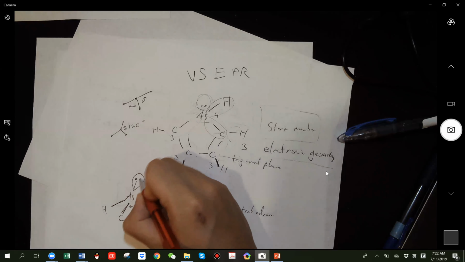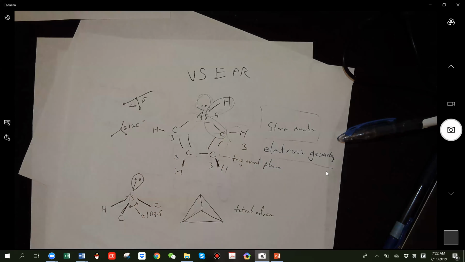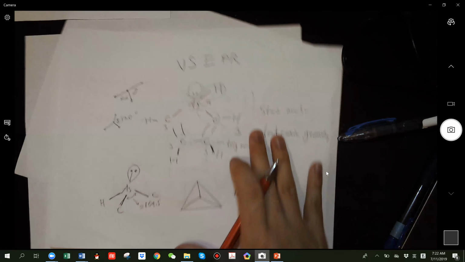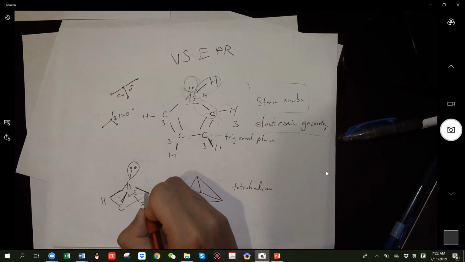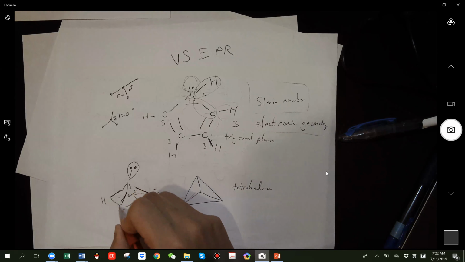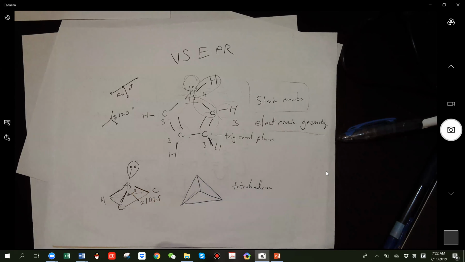So I'll draw it like this. As you might have noticed, this kind of looks like a pyramid, and it has a triangular base. So we call it trigonal pyramidal, like Answov said. So this is a trigonal pyramid.